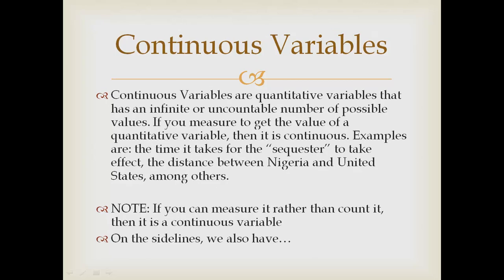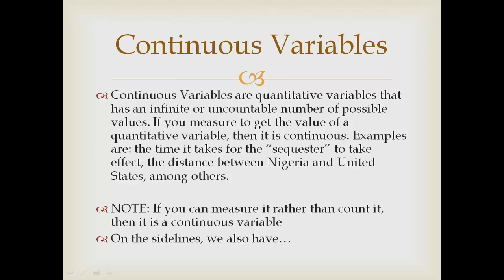Continuous variables are quantitative variables that have an infinite or uncountable number of possible values. In this case, you measure it, right? Example, the time it takes for the sequester to take effect.